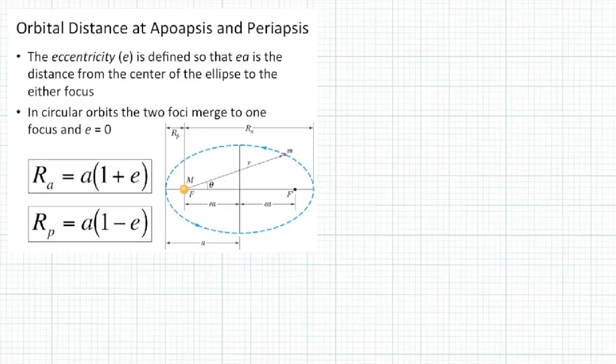Let's go on to our next slide. Orbital distance at apoapsis and periapsis. Well, this also brings up another term to us, called the eccentricity. And the eccentricity is, you might say, a measure of the elongatedness of the ellipse.